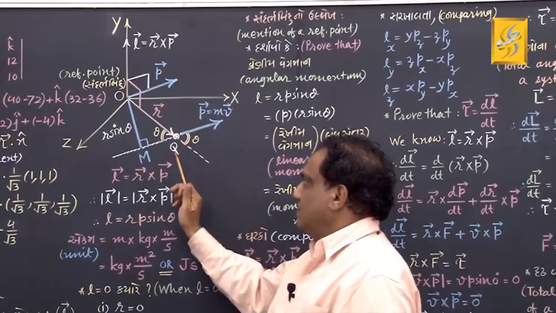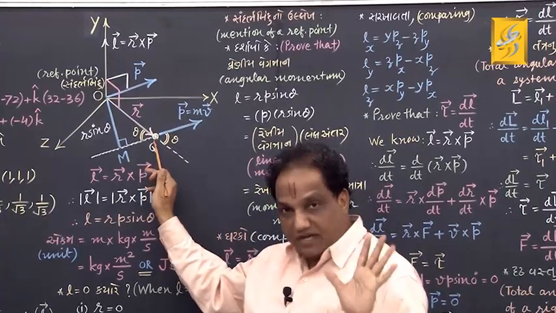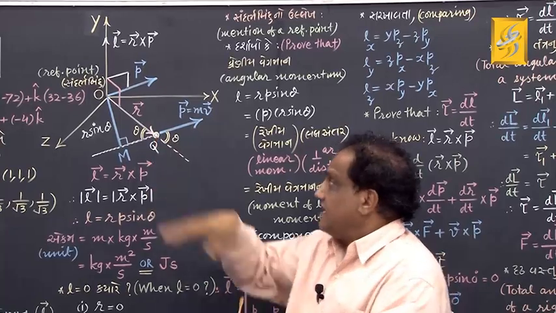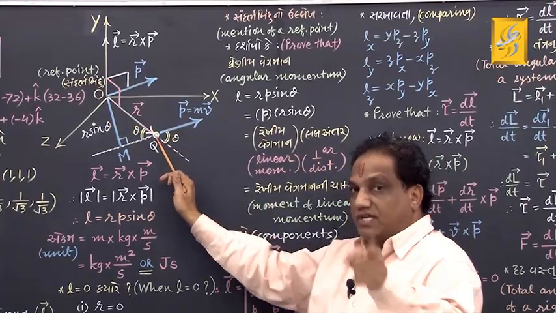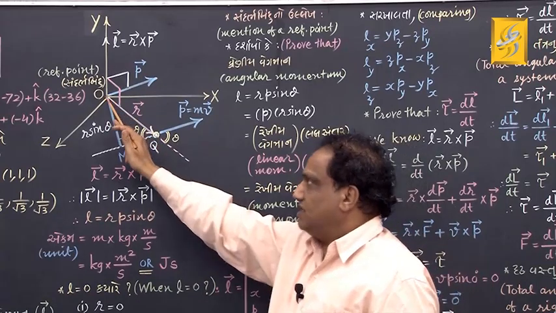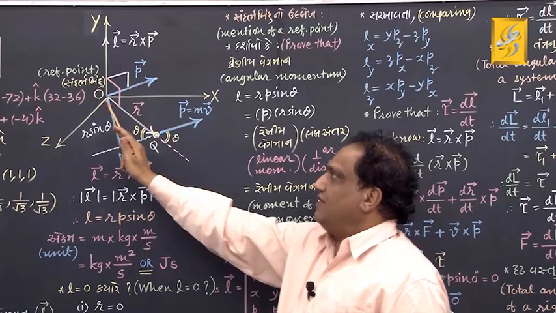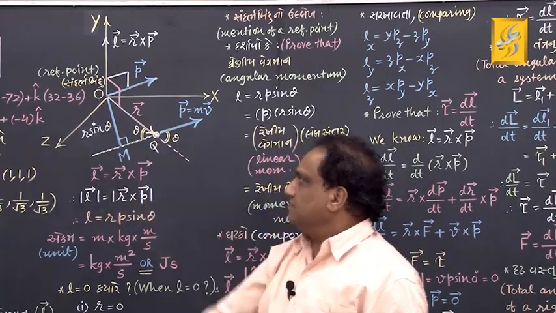Now in this plane, you just consider a single particle, say particle Q. It is a considered particle. At present we are considering that particle in this xz plane, and when it is lying over here, its position vector with respect to origin is vector small r. Right now we take origin as our reference point.